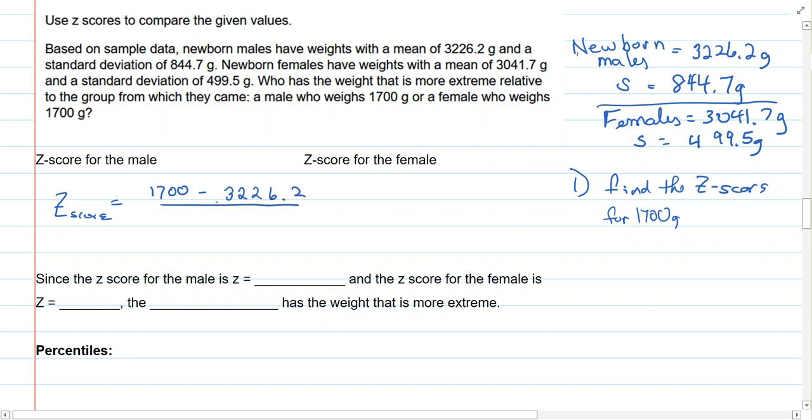Divided by our standard deviation, which was 844.7. All right. And for the females, it's going to be the 1,700 from the 3041.7 divided by the 499.5. All right. So let's do some math.